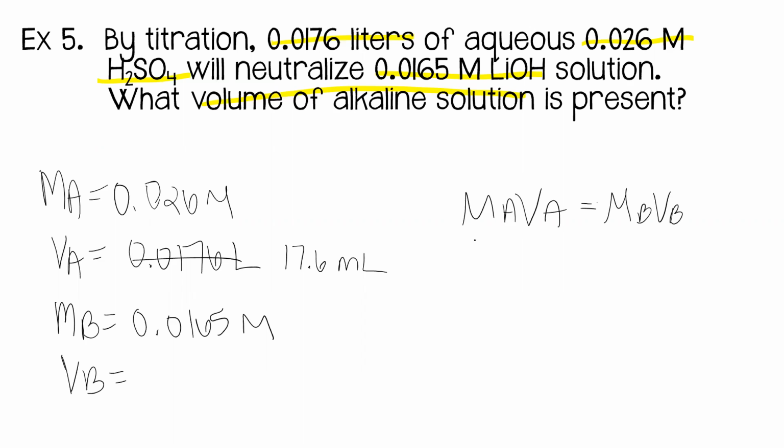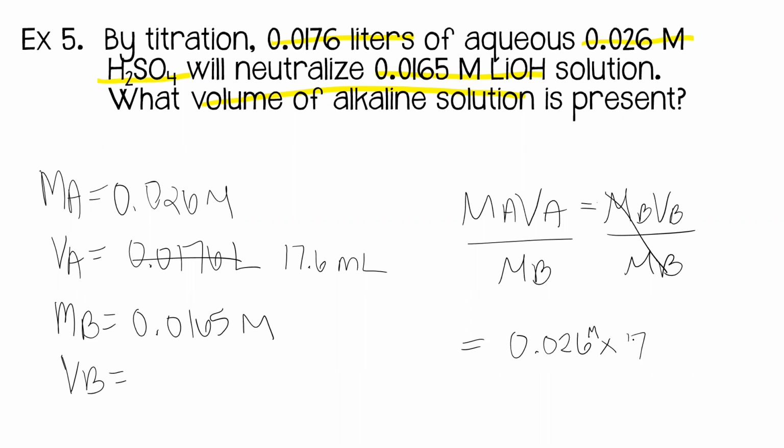Okay, so I'm solving for VB. I divide both sides by MB, and then I get molarity of my acid times my volume of acid, don't forget units, all divided by my molarity of my base.